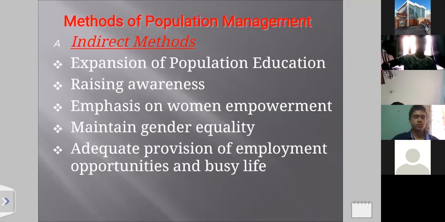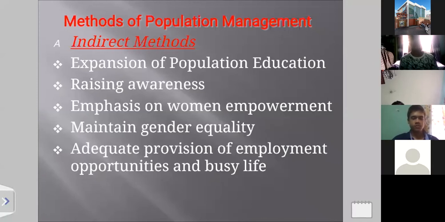Okay, my dear students, Binit shared his view about the second indirect method of population management, raising awareness. Awareness is also one of the indirect methods for the management of population. If we make people aware of the side effects of rapid population growth, then it helps to manage the population.